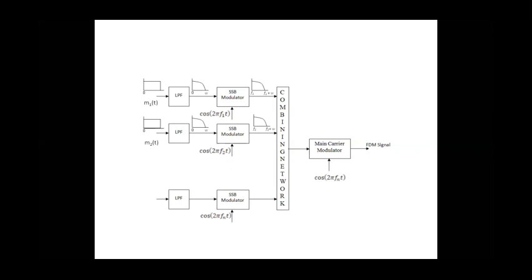The same way, nth signal and the corresponding frequency translated version. You see, have you seen, all these are having different frequency bands. This is from F1 to F1 plus W, and this one is from F2 to F2 plus W, and this is Fn to Fn plus W. But before SSB modulation, all these are having the same frequency band. So these frequency bands are shifted to different ranges by performing this modulation.